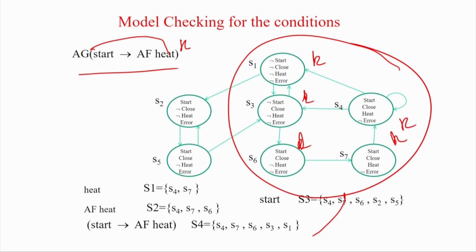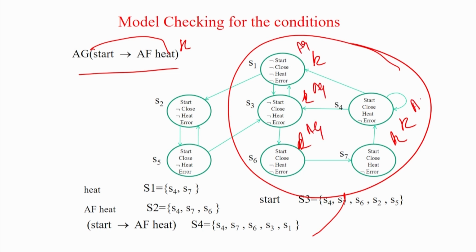Now we have already seen how to do that labeling. All the states we will label with AGK, and then we will start eliminating states from which some paths exist where this formula is false. So everywhere we will start writing AGK.